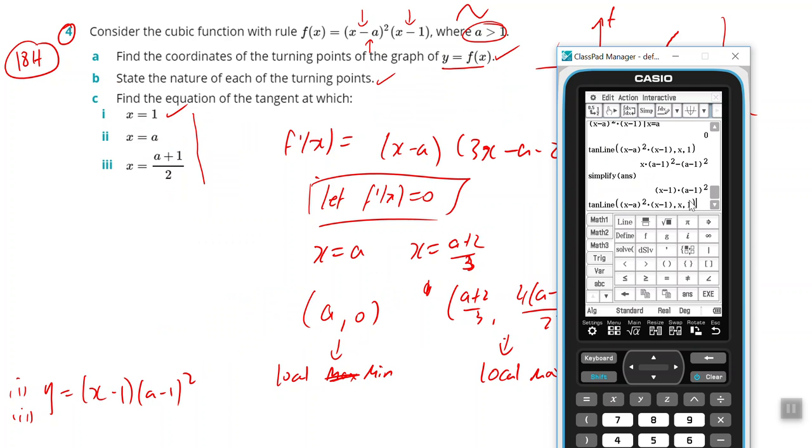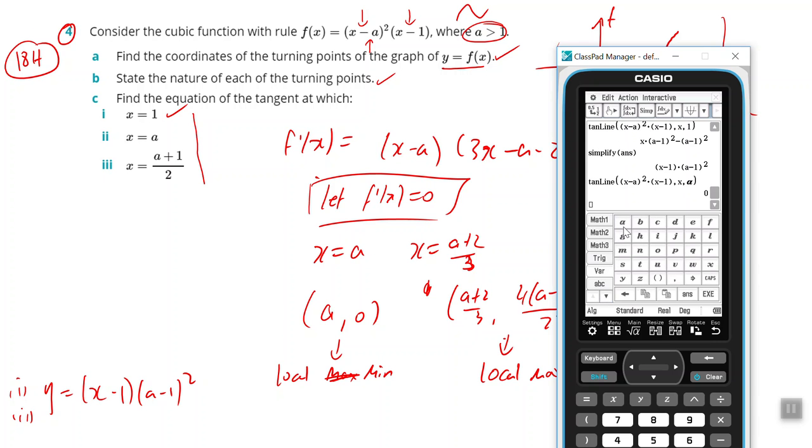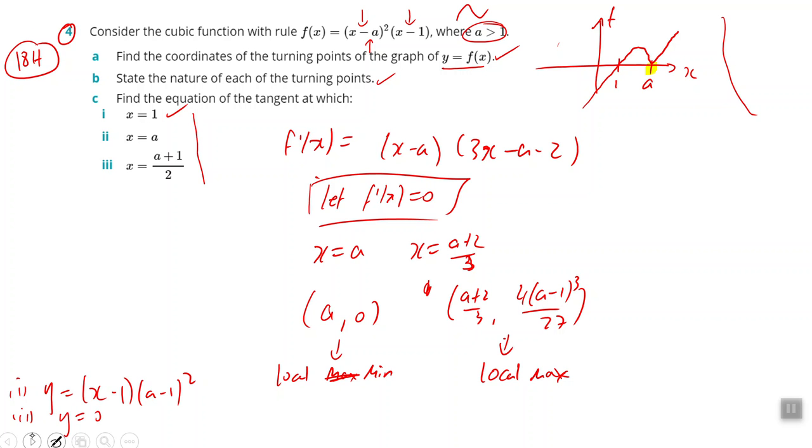I'm going to reuse this command. Oops, wrong, go to VR, a. Tan line at x equals a is y equals 0.